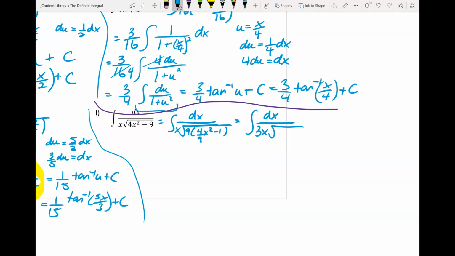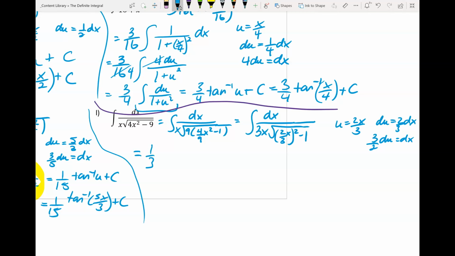I'm going to rewrite this 4x squared over 9 as something squared, so that can be 2x over 3 squared. And then I'm going to replace 2x over 3 with u. du is then going to be 2 over 3 dx, or you could also say 3 over 2 du is dx.